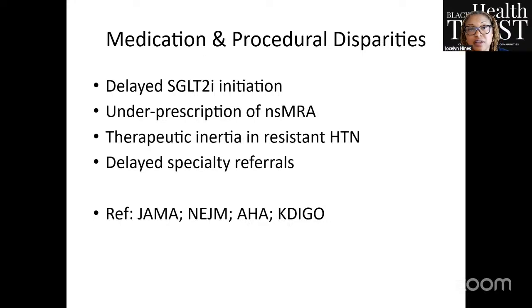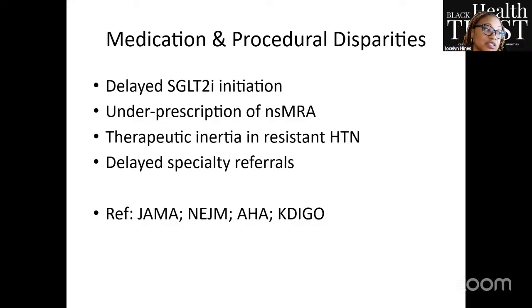What some of those things look like, and I see this a lot, especially with resistant hypertension, is your blood pressure is 180 over 100, and then you get one blood pressure medicine. The likelihood that one blood pressure medicine is going to get you to goal is really, really slim, right?